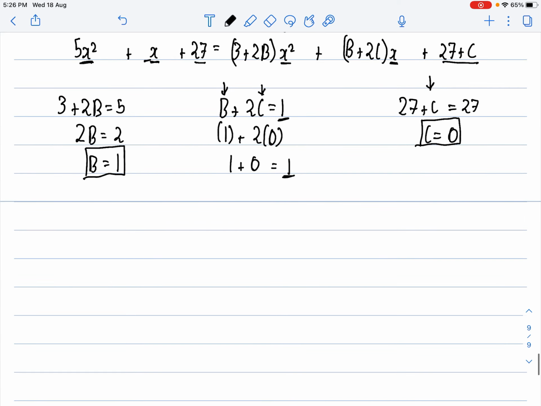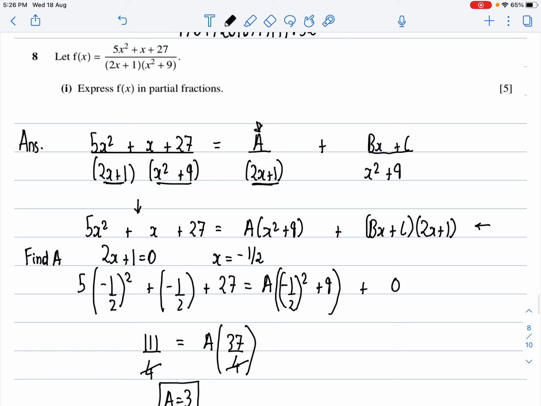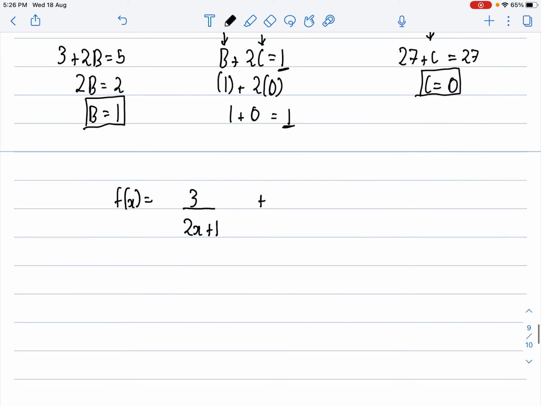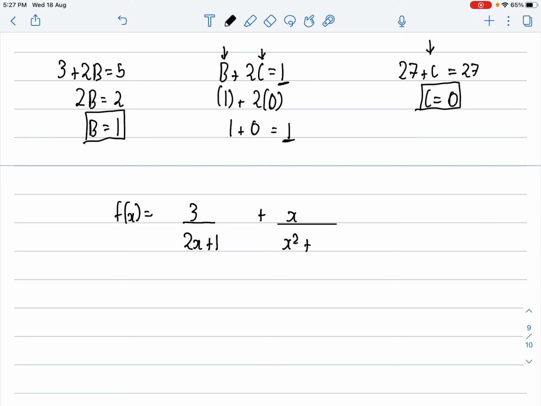So you can write your final answer of f of x basically as 3 over 2x plus 1 plus, I basically substituted a here, and now here you simply substitute b and c. So I have my b as 1. So I basically write this as 1 into x, which is x, plus 0, which is only x, over x square plus 9.